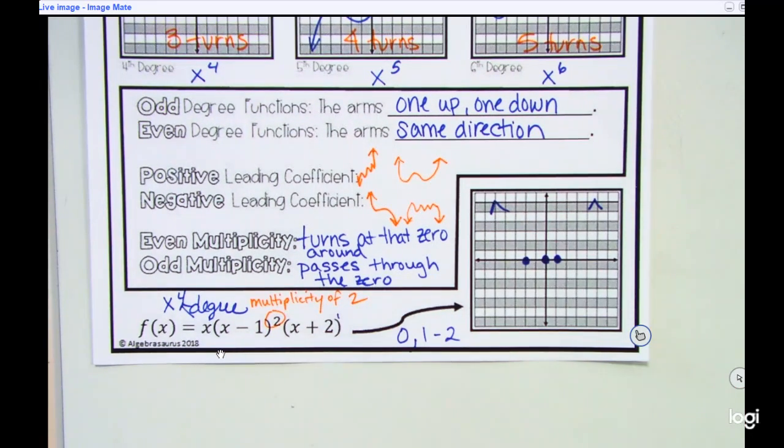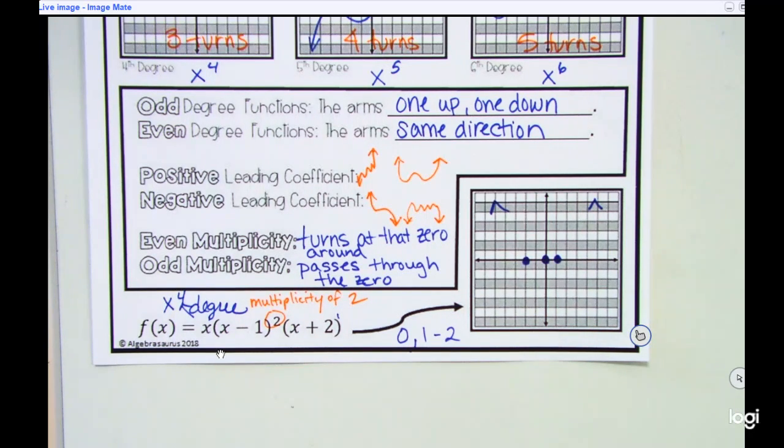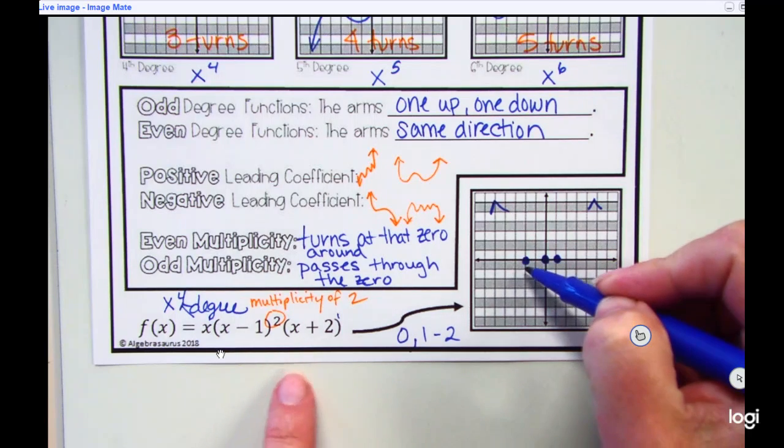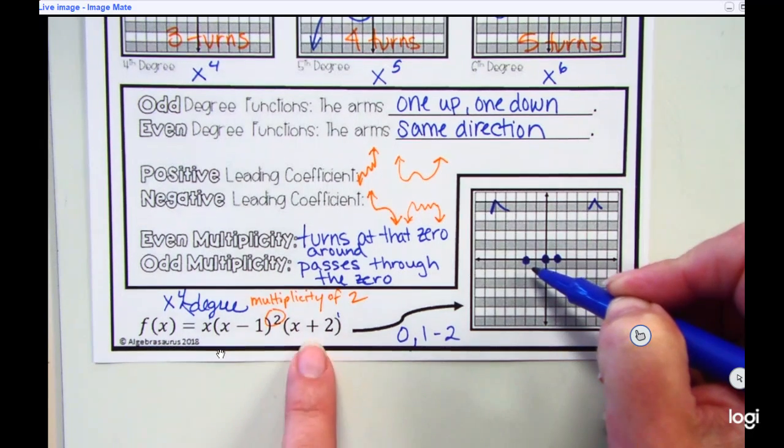All right. And then I need to see, where does it touch a 0? Where does it turn around at a 0? And where does it pass through? So let's see. At this -2, does it cross through or does it turn around?